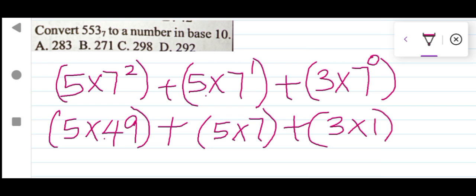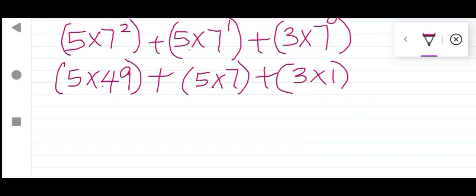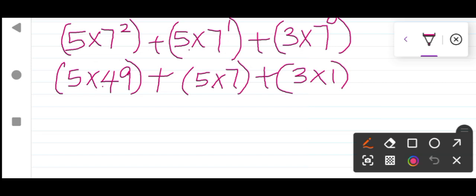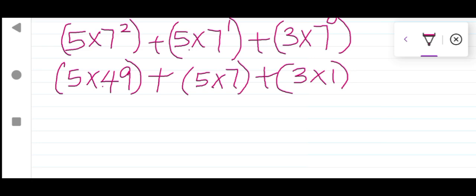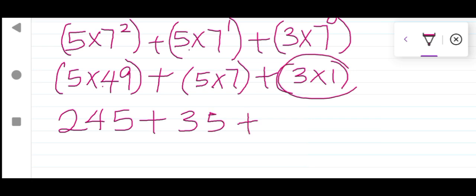At this point we need to go for a simple calculation. Let's check this first value right here. 5 times 49 is 245. So we have 245 plus, let's check what is 5 times 7, and that's 35, right? Plus, what's 3 times 1?